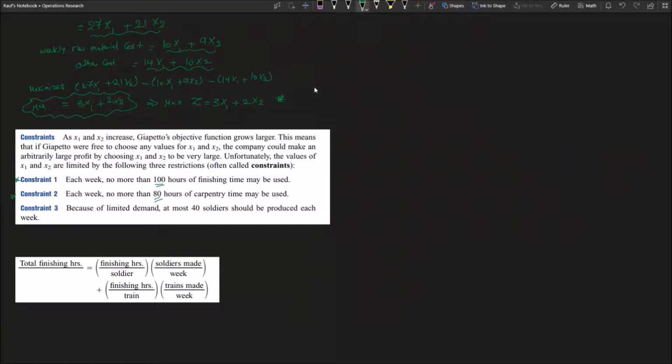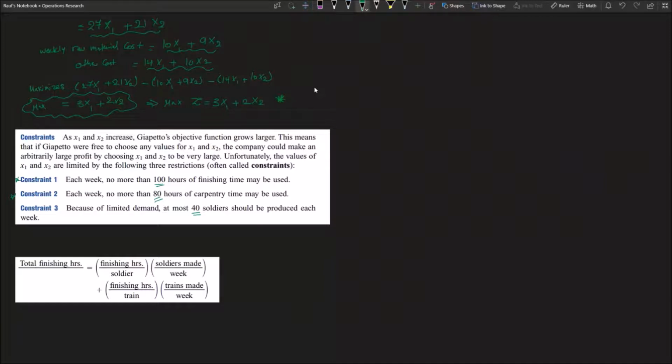Constraint number 3, there is a limited demand on soldiers to be 40 each week. So you can't produce 80 because you will have 40 soldiers sitting on the shelf. You need to produce as much, or in real life a little bit more than what the demand is, but you can't produce double what the demand is, then you will be losing money.